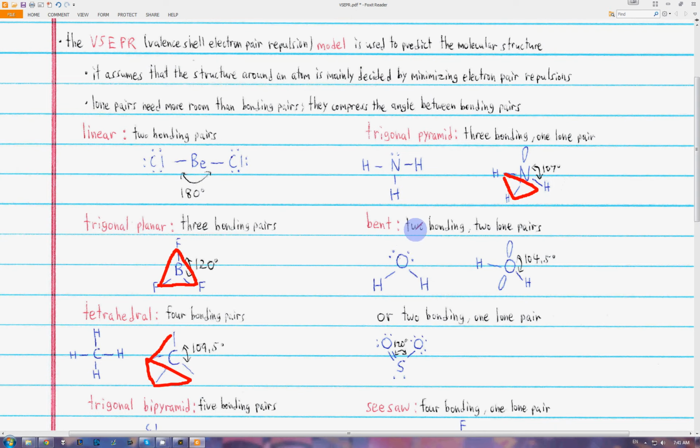So bent is kind of two separate bent structures. The first, the more standard one, you can see it's kind of the same tetrahedral arrangement, except now we have two lone pairs.